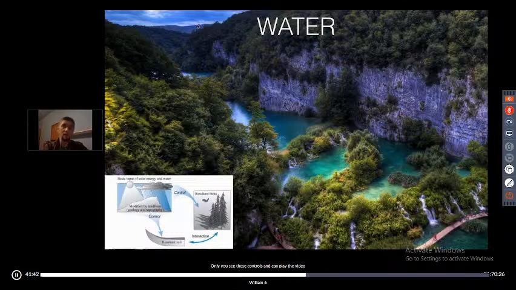So water is the big landscape component because its force is shaping the environment. This is another picture of Plitvice Lakes in Croatia, and this is limestone. The exact same limestone on the coast would be totally barren with different vegetation.